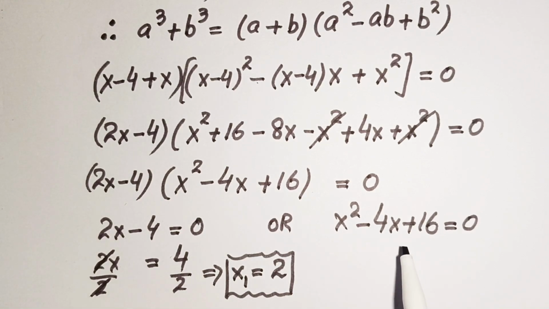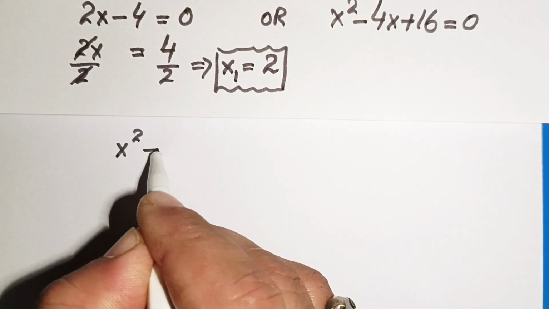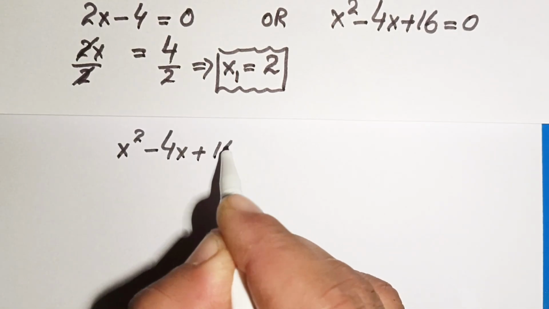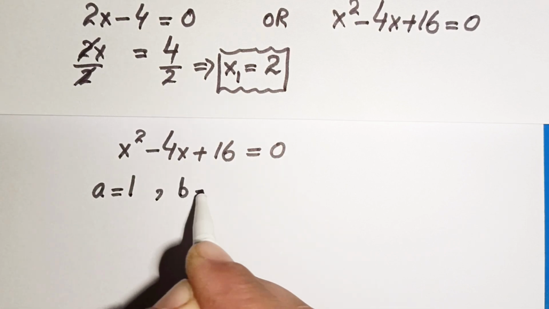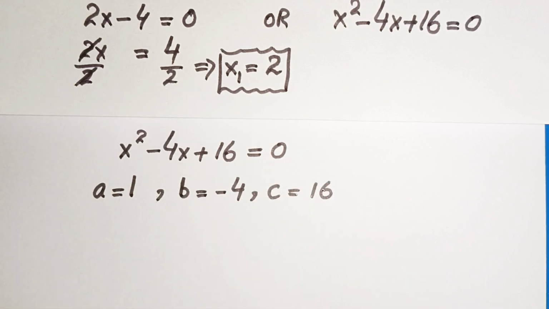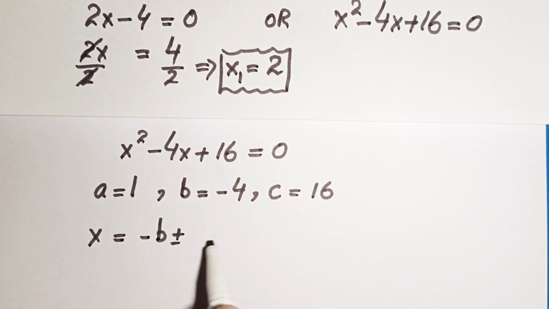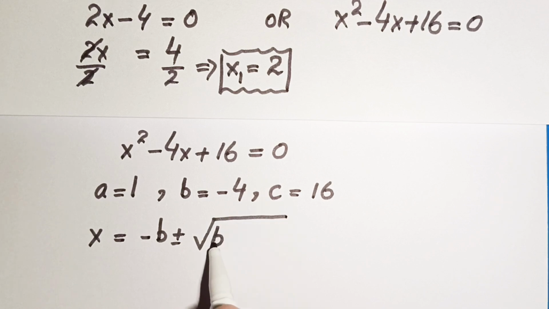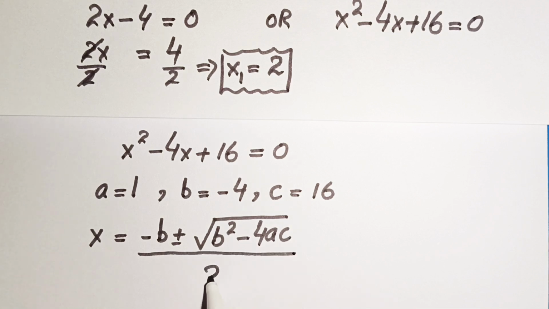Now we have to solve this quadratic equation using the quadratic formula: x² − 4x + 16 = 0. Here the value of a is 1, b is −4, and c is 16. Using the quadratic formula, x = (−b ± √(b² − 4ac)) / 2a.